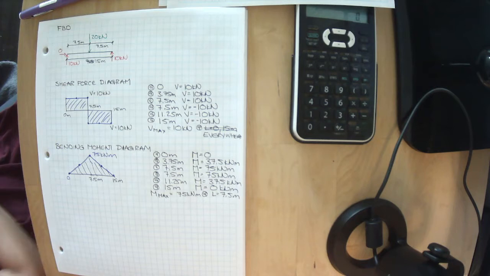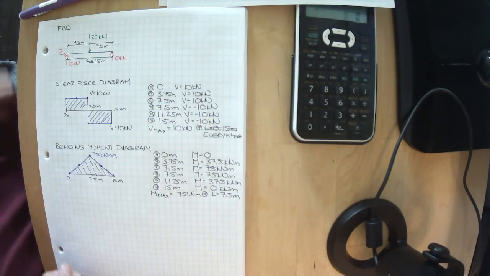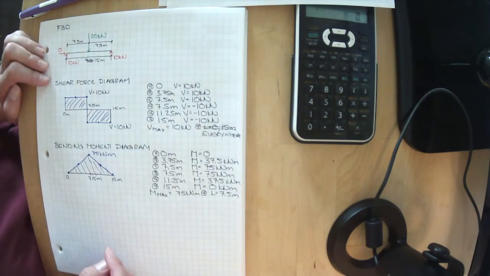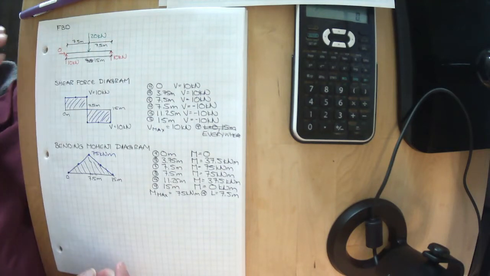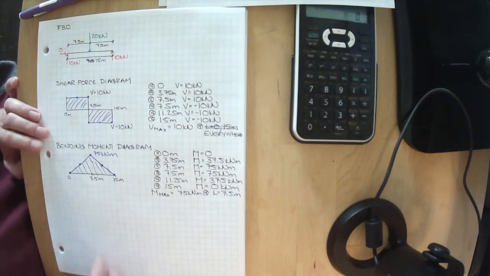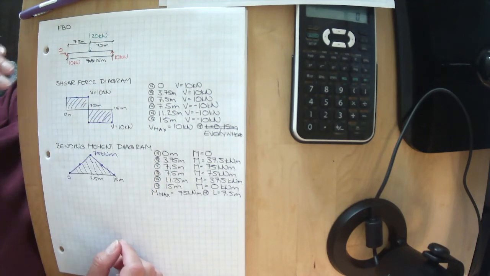So team, we now know the internal forces everywhere along this beam. We know that for a 15 meter long beam with a 20 kilonewton point load at the mid span, we know what the internal loads are everywhere along that beam. We should now be able to pick a beam and see if its reduced capacity is strong enough.